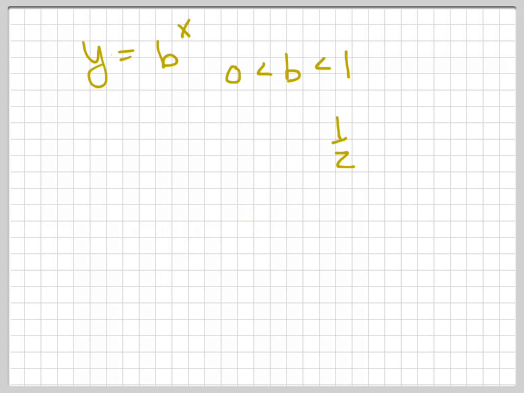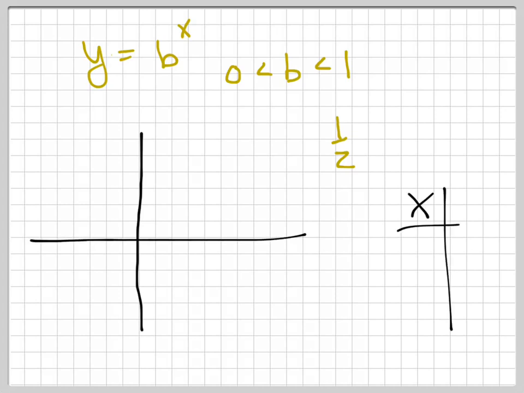Let's make our t-chart. When I plug in 0, what am I going to get? What's 1/2 to the 0? 1. I'm still going to get that same point right there.